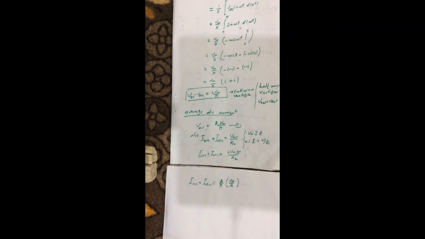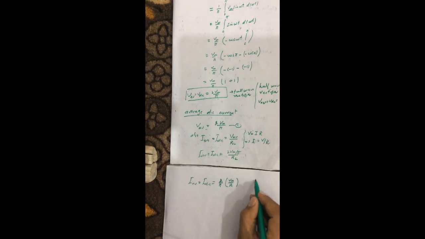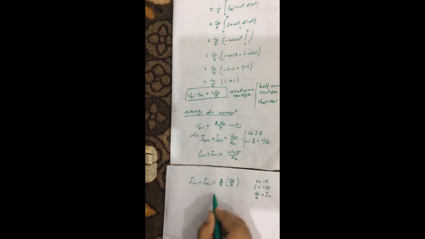Now Vm over R is basically, by Ohm's law, V is equal to IR, I is equal to V over R. So Vm over R is equal to Im, maximum current. So it's equal to 2 over pi times Im. We can write it as 2Im over pi.